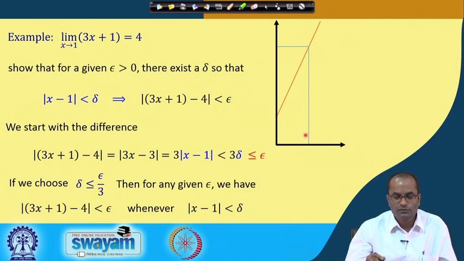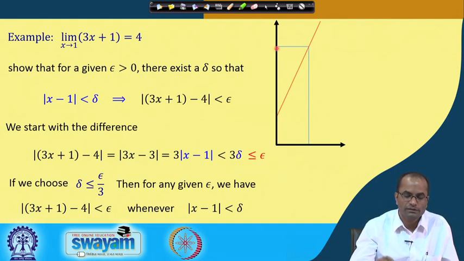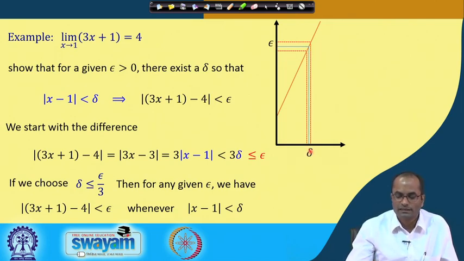We can see the situation in this plot. At x equal to 1, the value of the function is 4, and now you take any neighborhood. For example, we have chosen this neighborhood here, so there exists a delta neighborhood around 1 in this case. Usually when epsilon is small, delta is also small, and when epsilon is big, we can have a big neighborhood around that point.